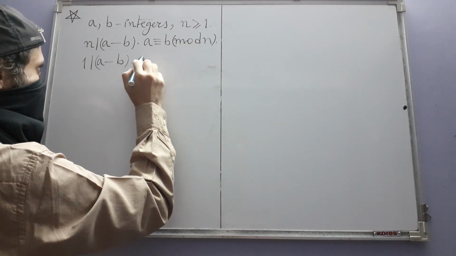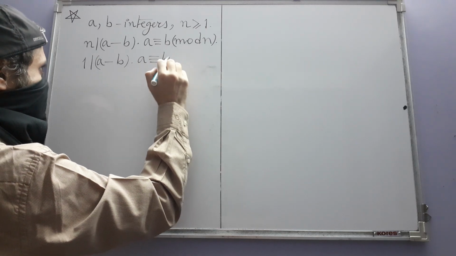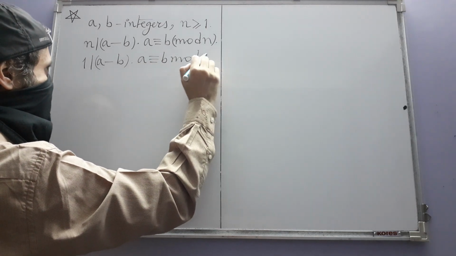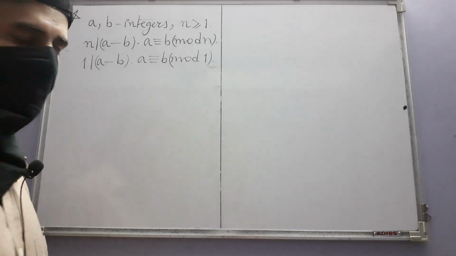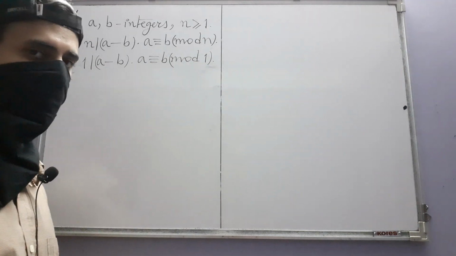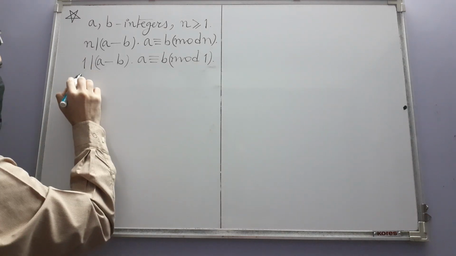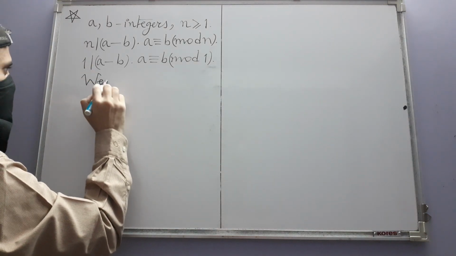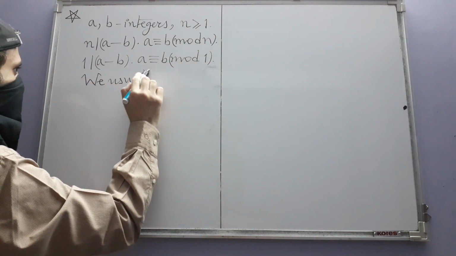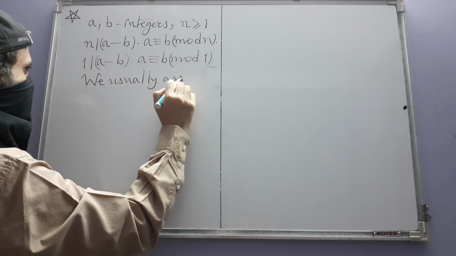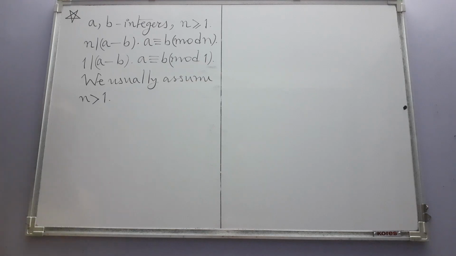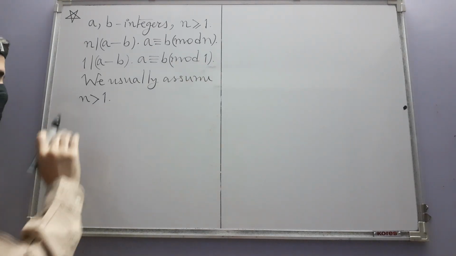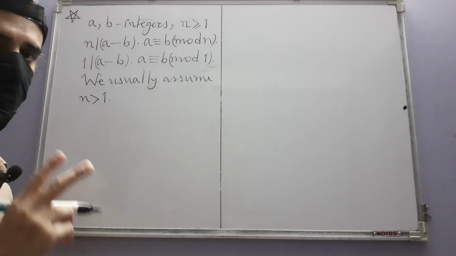And that is why for any two integers a and b, we have this. So the notion is really dull when the modulus is 1, and that is why we usually assume n to be greater than 1. So greater than 1 means now the least value is 2.